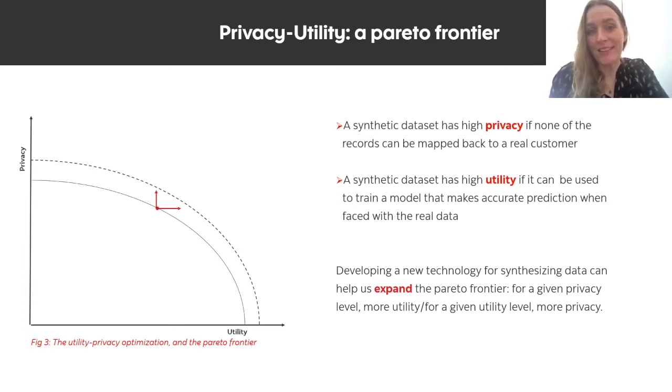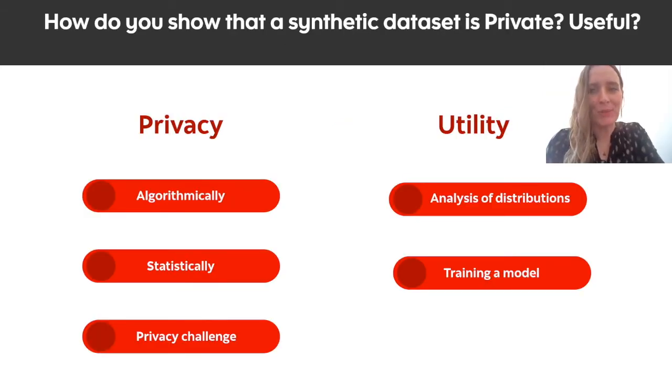But this takes us back to the fact that it's hard to tell if a data set is really private, or to know if it will be useful. How can we tell if we have a good set of synthetic customers? When it comes to privacy, we can build it into the design of the model itself by turning to probabilistic models.